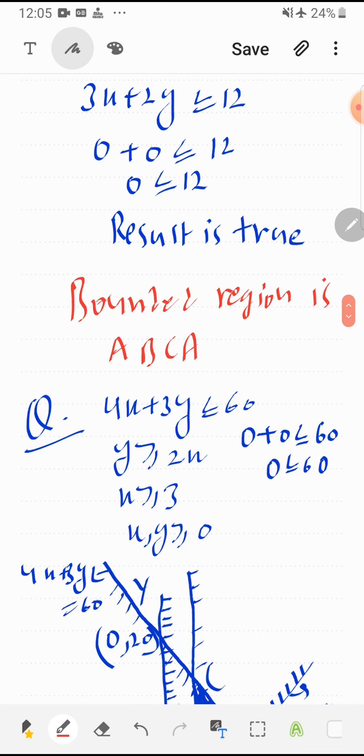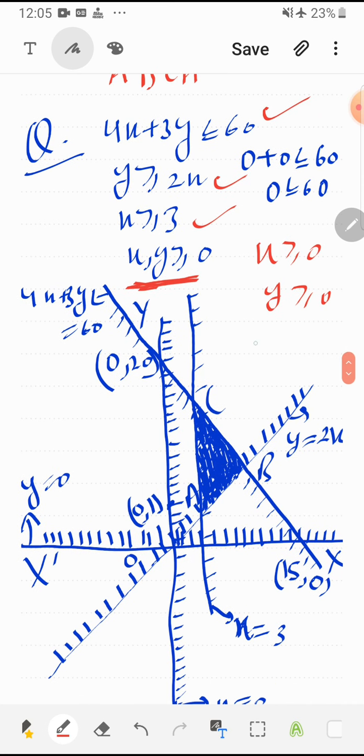Next is 4x plus 3y less than or equal to 60, y greater than or equal to 2x, x greater than or equal to 3, and x, y greater than or equal to 0. So overall 5 inequalities are there, 1, 2, 3, 4 and 5. These are 2. So first of all let us consider these two inequalities. These simply mean x greater than or equal to 0 and y greater than or equal to 0. So if I ignore the inequality sign, that means x is equal to 0 and y is equal to 0.